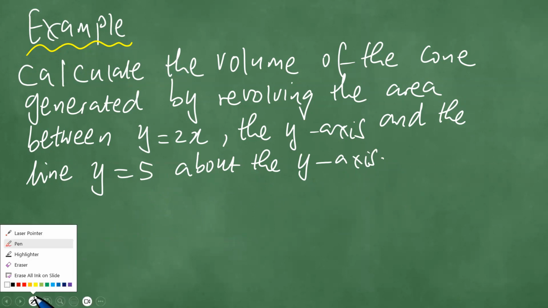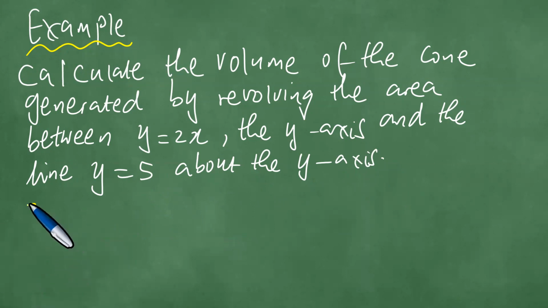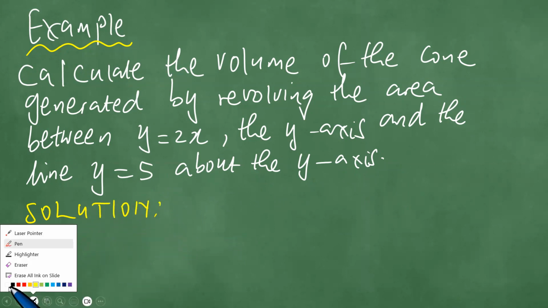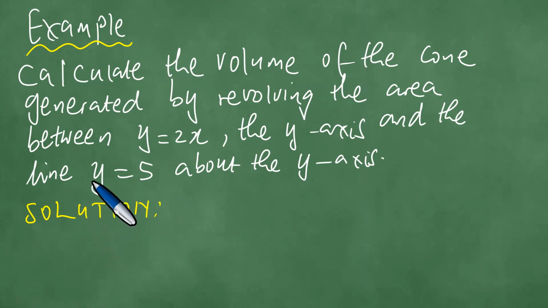Solution. We analyze this and we continue. Right, if we need to calculate the volume of the cone generated by revolving the area between y equals 2x, the y-axis, and y equals 5 about the y-axis.